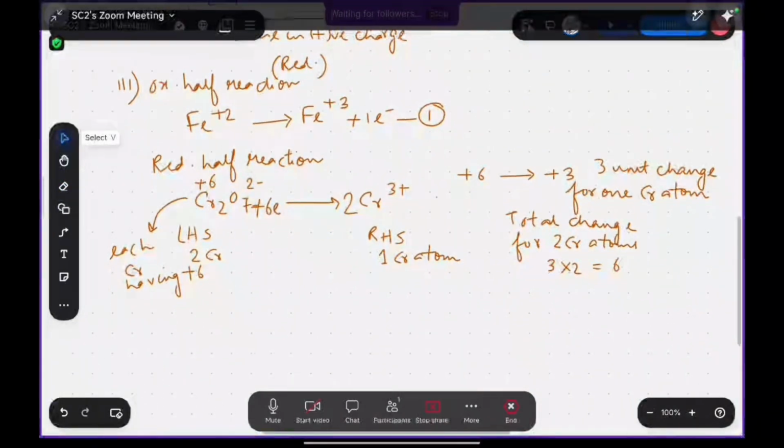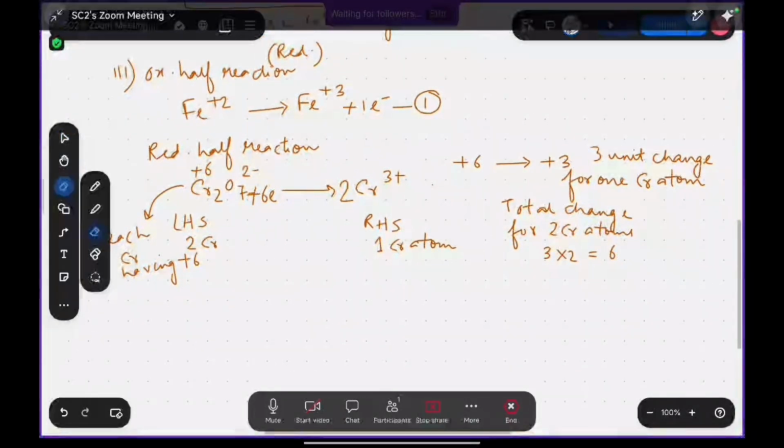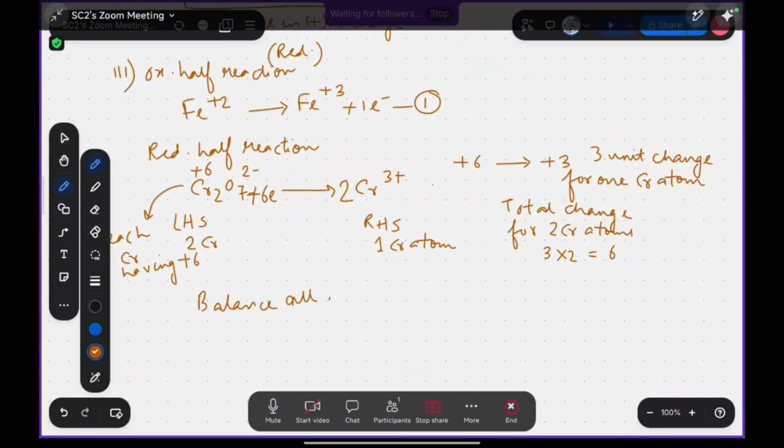So, the reduction reaction stands out to be something like Cr2O7 2 minus plus 6 electrons gives 2 chromium plus 3. Now, I hope you can understand that all the atoms are balanced except oxygen. Whenever you start balancing redox reactions, you need to keep in mind to balance all atoms except oxygen and hydrogen.